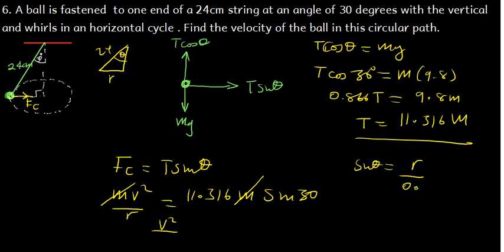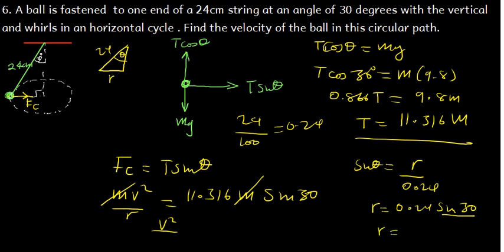That is 0.24, because 24 divided by 100 gives 0.24. Just divide by 100 to go to meters. So that means R is actually 0.24 sin 30. And you know that sin 30 is a half, and half times 0.24 becomes 0.12.